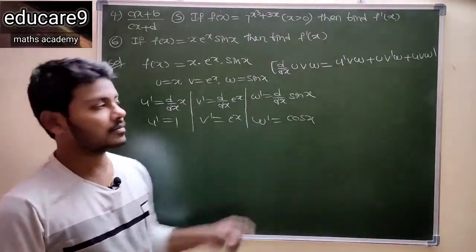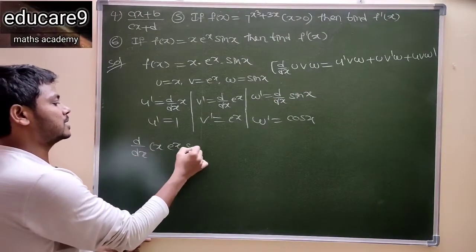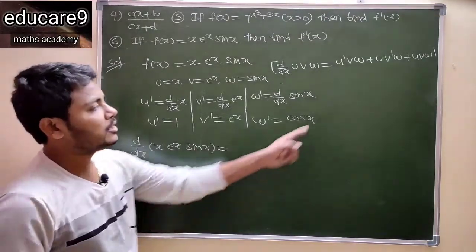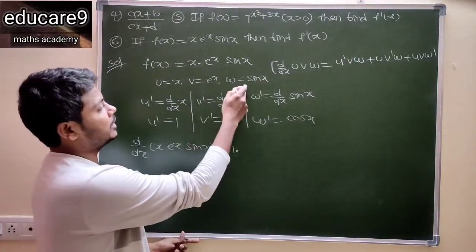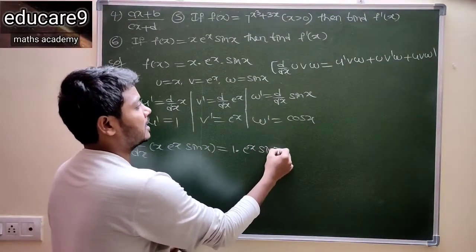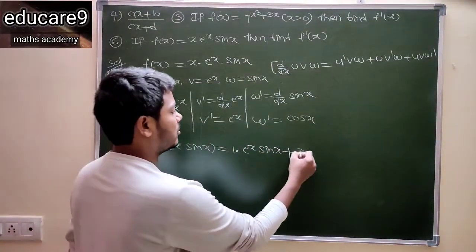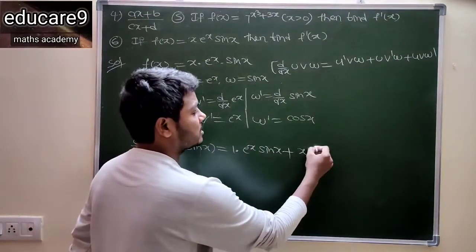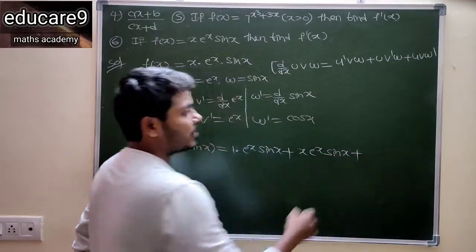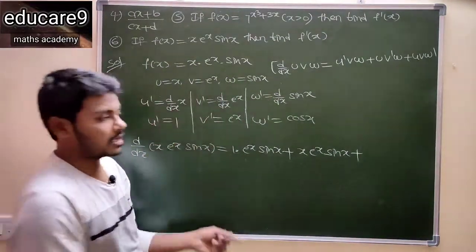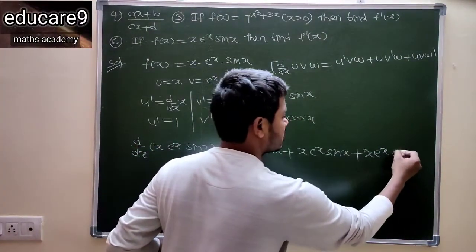Now substitute here. So therefore d by dx of x e power x sin x is what? u dash, what is that? 1 into vw, that is e power x sin x, plus u into v dash, x into v dash is e power x into w, sin x, plus uv, x e power x, into w dash, that is cos x.